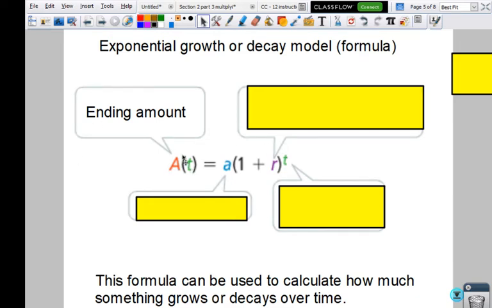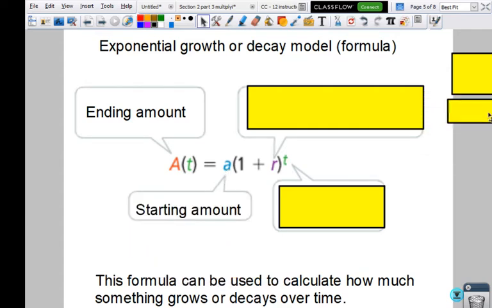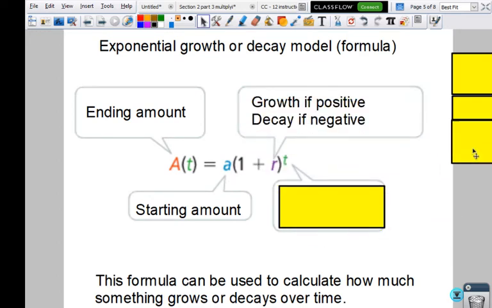So this A of t is your ending amount. This little a right here is your starting amount. So whatever you start with, you put in for a. This r right here is our rate, and that is how much our growth or decay is.